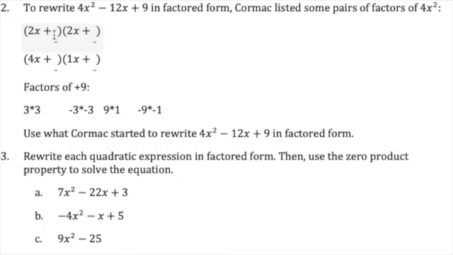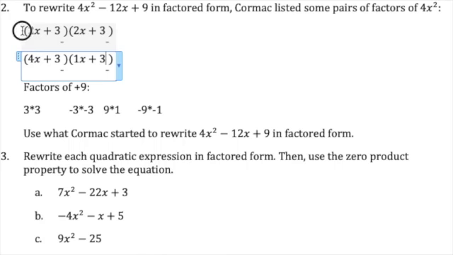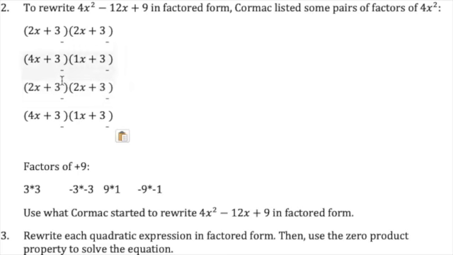So let's see, let's start here. So we have 2x plus 3 and 2x plus 3, 4x plus 3 and 1x plus 3. And then we have to do that for each of our pairs. So it's going to get a very long list. I'm very sorry. I mean, I'm not that sorry, but I'm sorry enough. So 2x plus 9 and 2x plus 1.